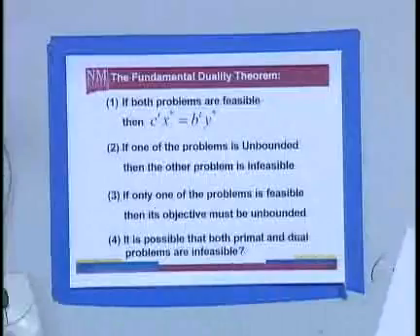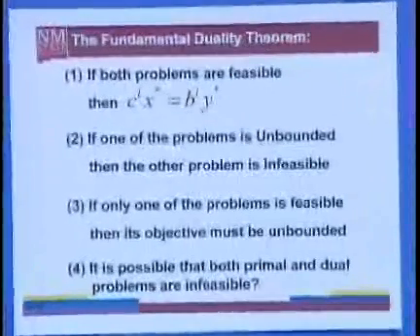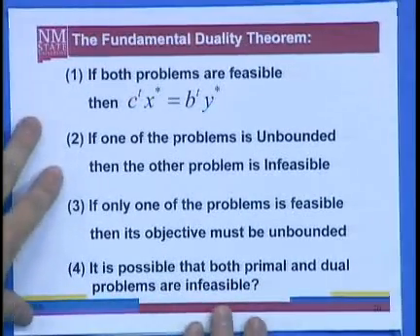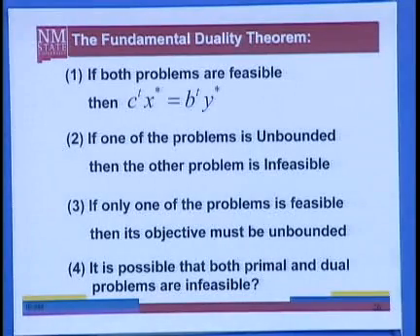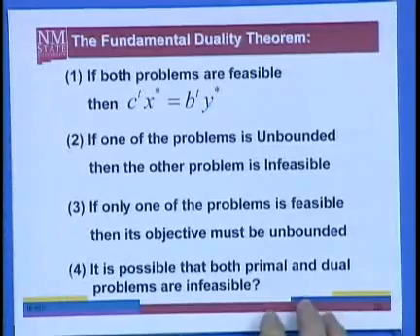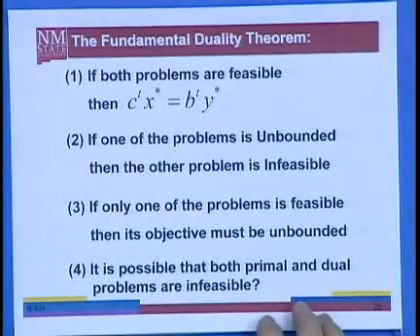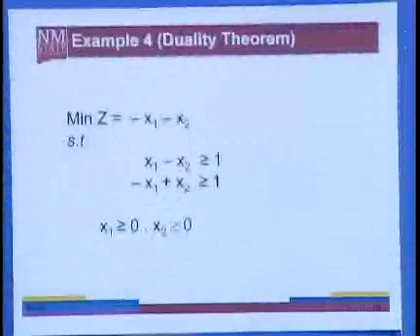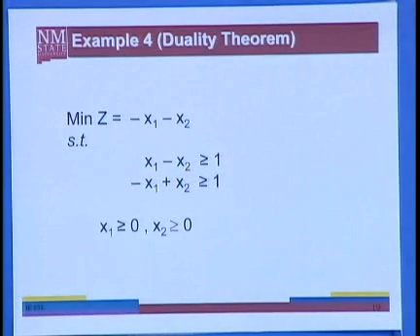And now I'm going to show you that both primal and dual problems can be infeasible. So let's consider example number 4.